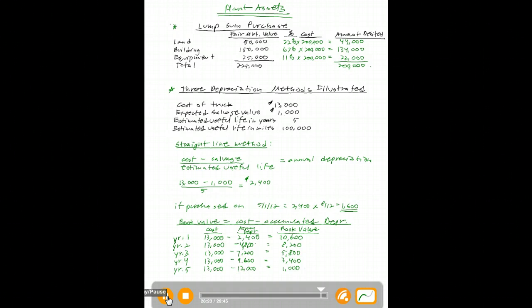Now, some companies don't credit accumulated depletion. Instead, they will credit the actual account, the coal mine account. So I'm going to back up and show you what this would look like. When they purchased the coal mine, the journal entry would have been a debit to coal mine for $5 million.